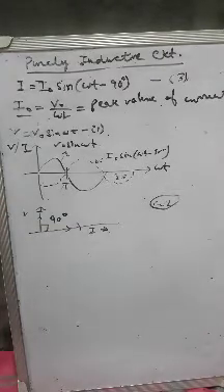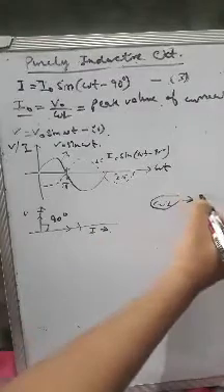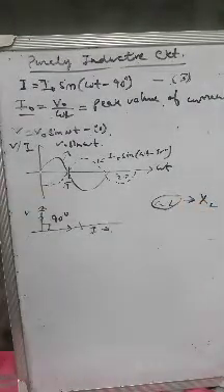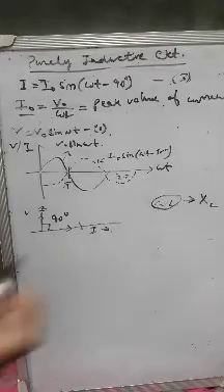It is denoted by the symbol X L. So X L equals omega L is the inductive reactance, and its unit is also the ohm.